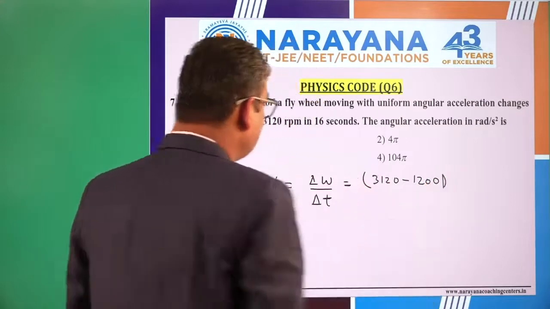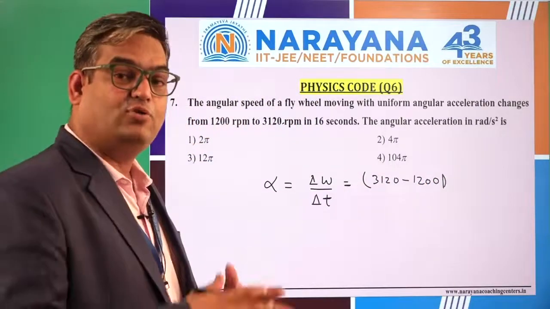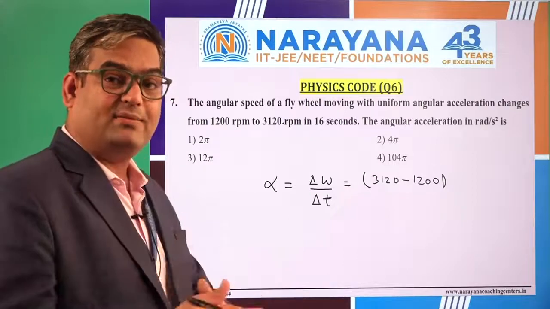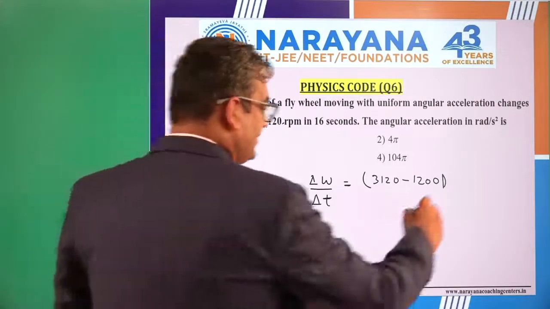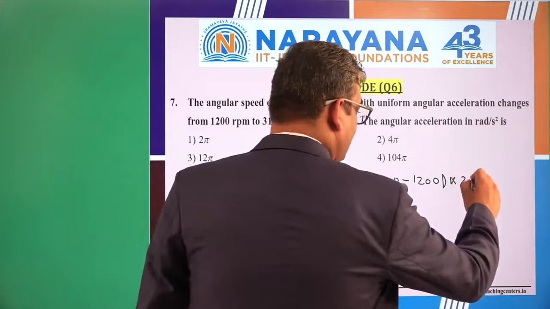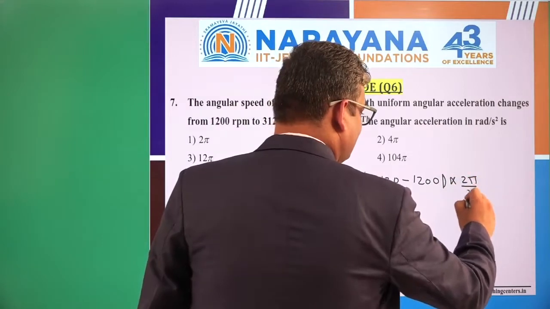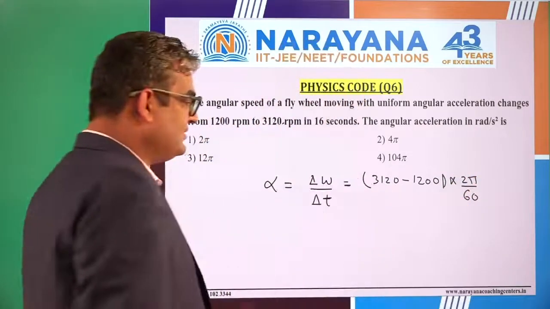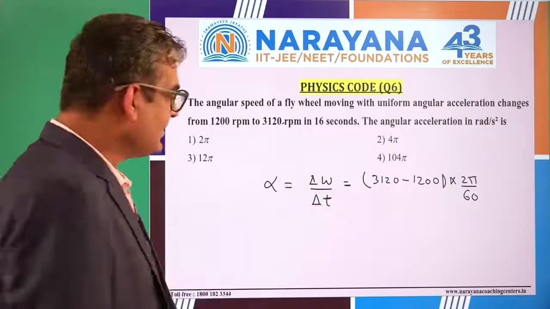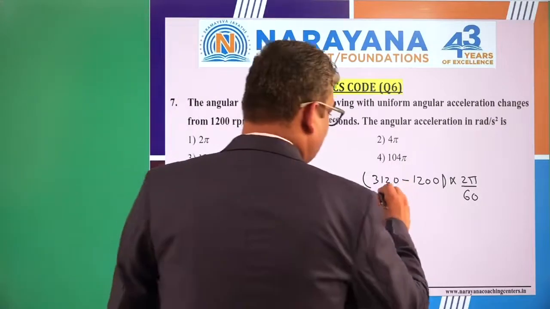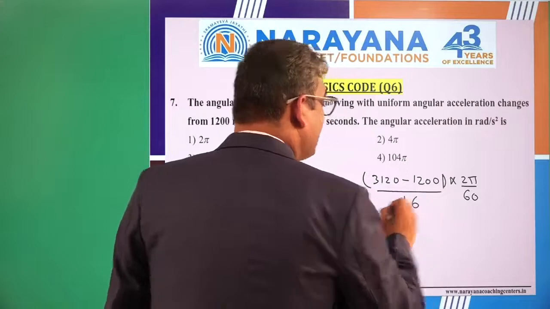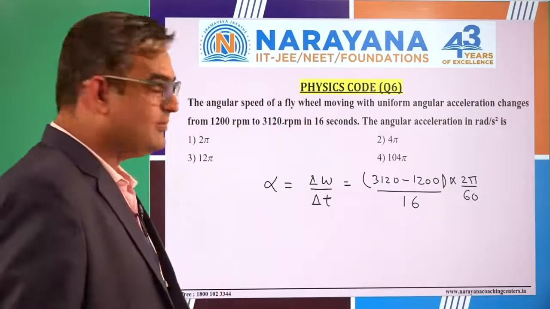But this value is in rotations per minute, and to convert rpm into radian per second, we should multiply this with 2 pi divided by 60. So this is the value of delta omega in radian per second, and then we will divide this by the value of time interval in which this change is taking place.